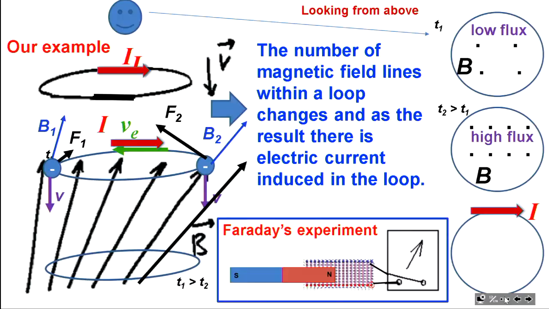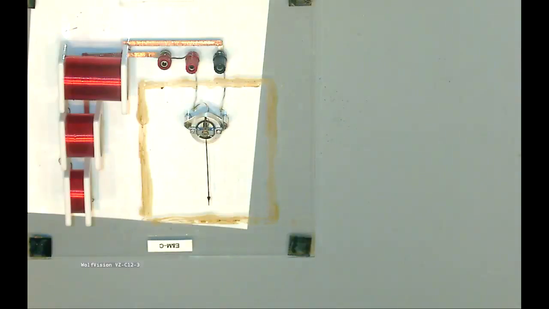And we saw an experiment. You can see it again with a slightly different modification. Classical experiment for a changing magnetic flux inducing electric current. See?